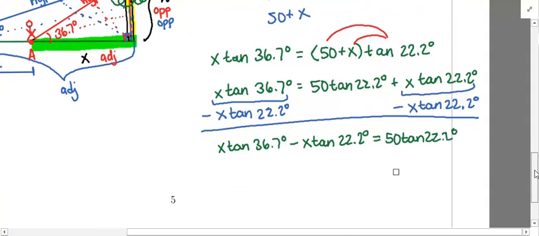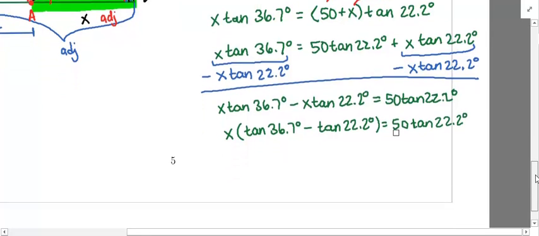Okay, so on the left, both terms contain an X. So what I can do is factor it out. If I factor out an X on the left, in the parentheses, I'm going to have tangent of 36.7 degrees minus tangent of 22.2 degrees. Okay, I'm not going to make any changes to the right side.